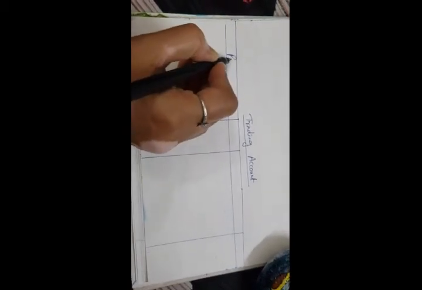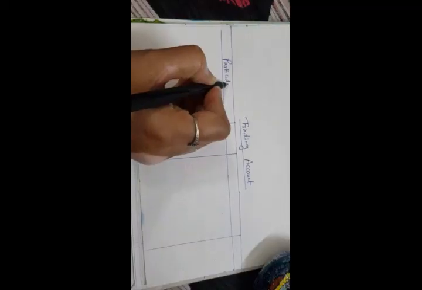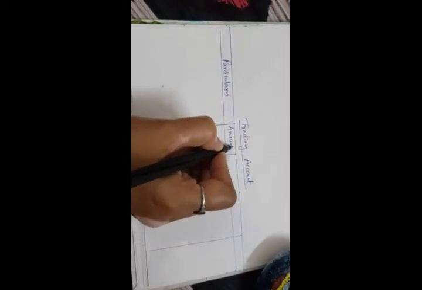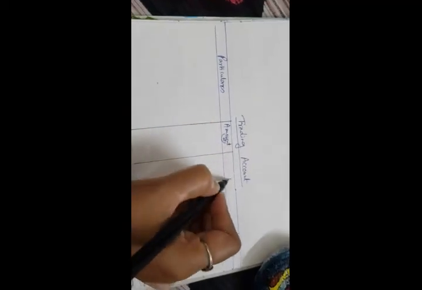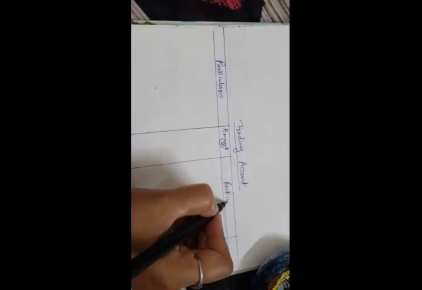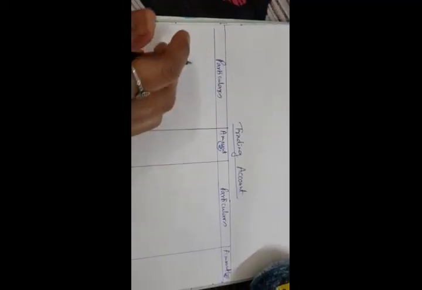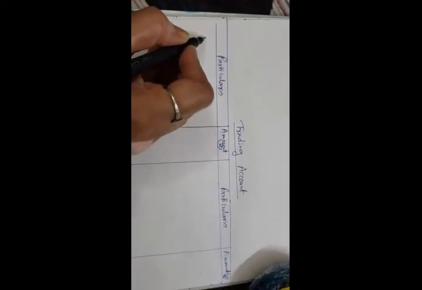So let us write particulars, amount rupees, again particulars, amount rupees, okay.